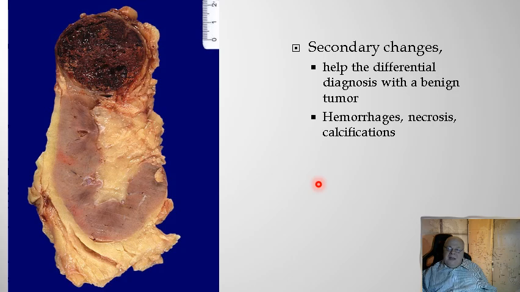In all malignant tumors, including carcinomas, because they grow so rapidly, an imbalance appears between the vascularization of the tumor and the growth of the tumor.